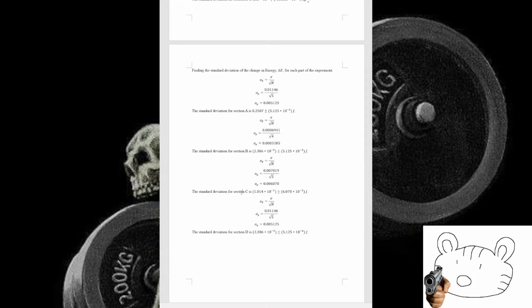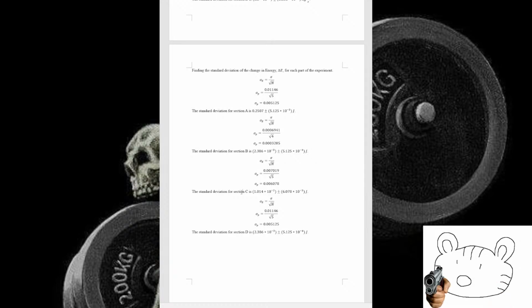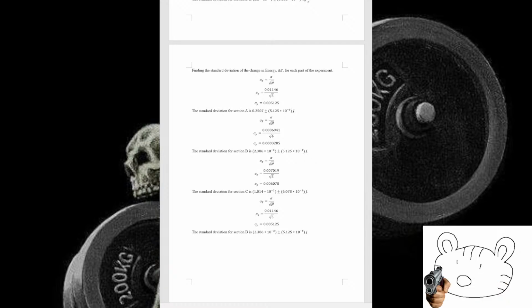Again, let's do the calculations. 0.007019. Yep. Divided by the square root of 5. 0.003139.